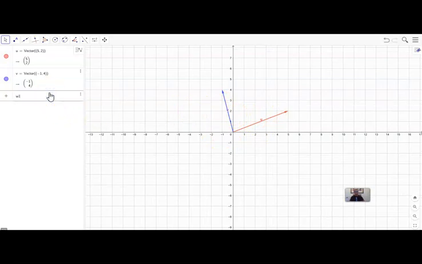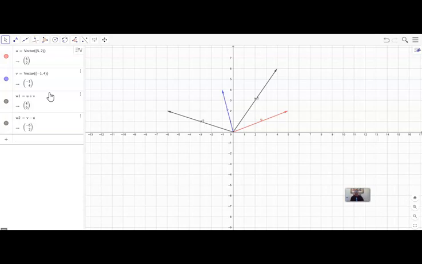So let's make w1, which will be, how about just u plus v? Aha, so there's w1. w2 will be, how about v minus u? So that's a linear combination because that's 1 times v plus negative 1 times u. And there's w2. How about w3 will be u minus 2v? Aha, now it's pointing down and to the right.